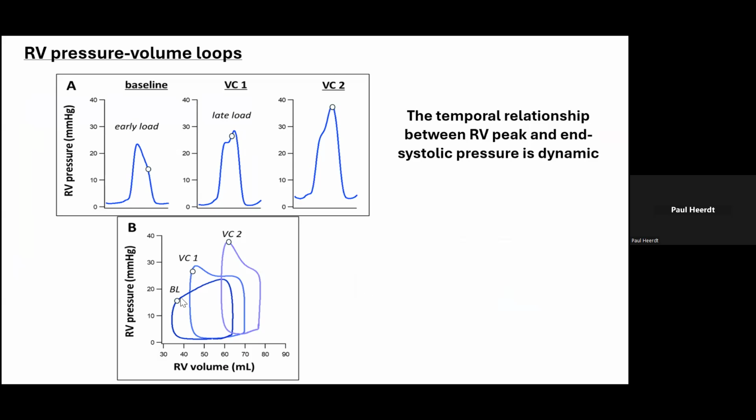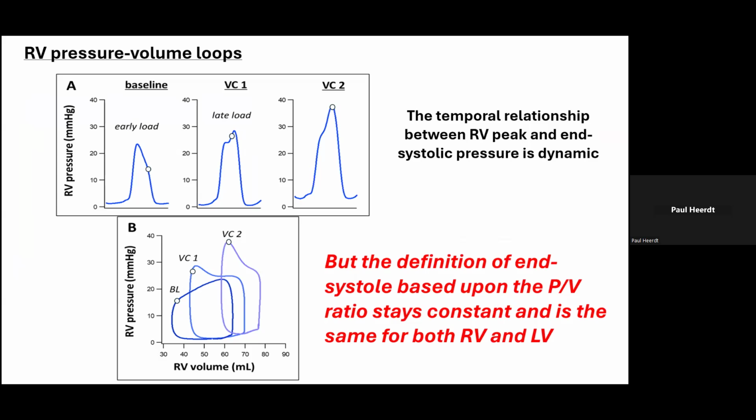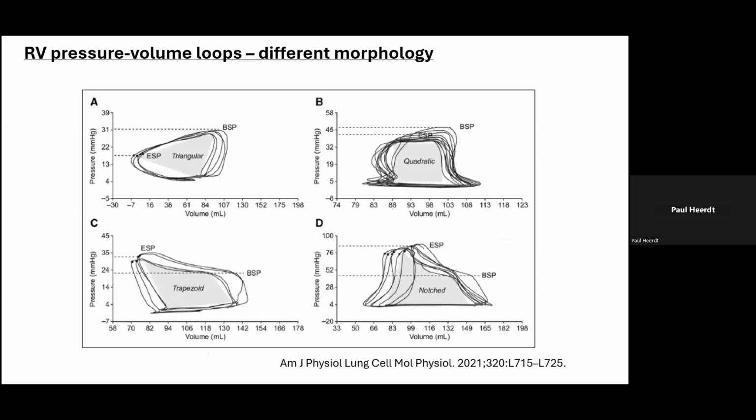And this is indicated in their pressure volume relationships where the point of end systole shifts along this curve. But importantly, the definition of end systole when you use the ratio of pressure and volume stays constant and is the same for both the right and the left ventricles.